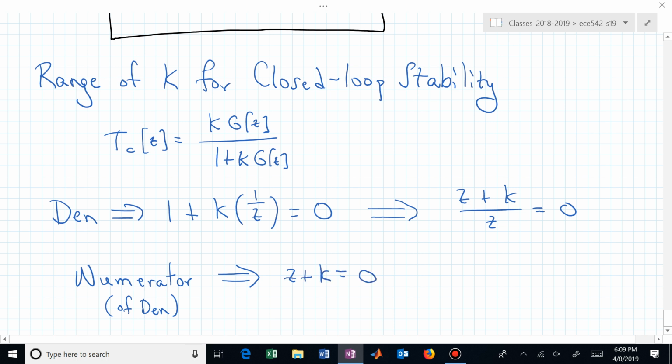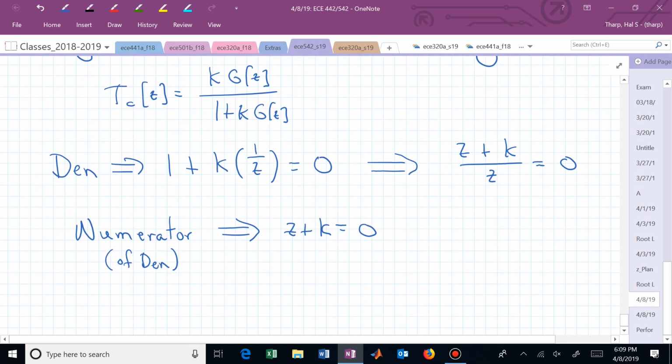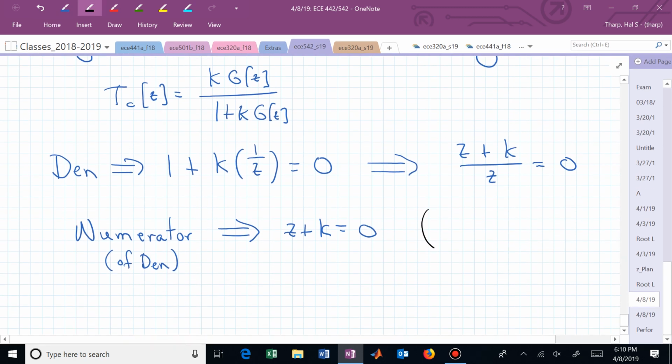That's now what we're after. Or what are we trying to do now? K equal to 0 gives z equal to 0 as the solution to that equation.